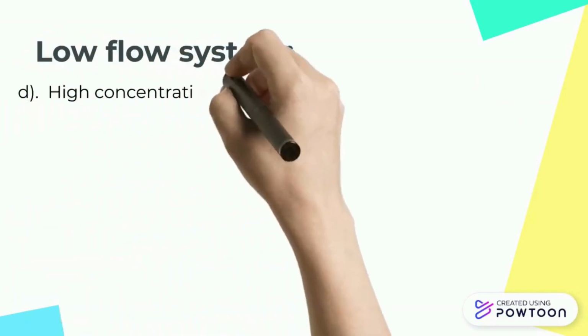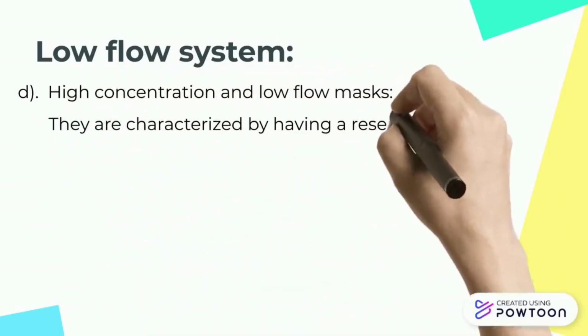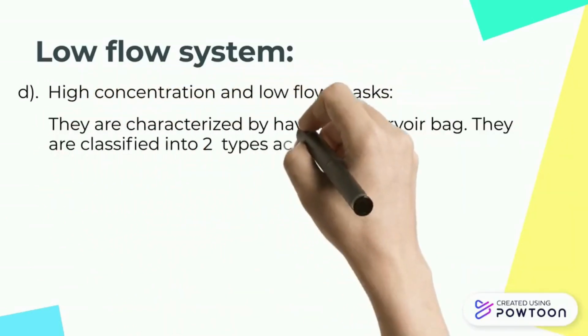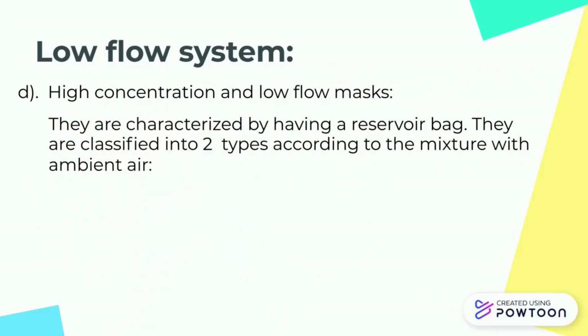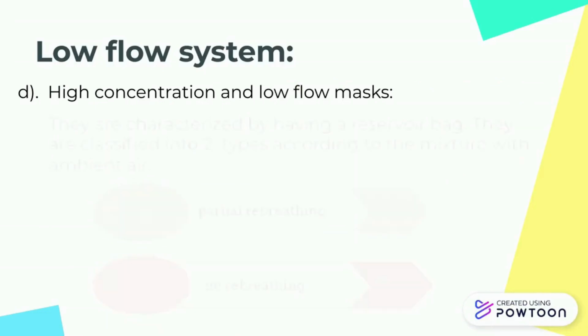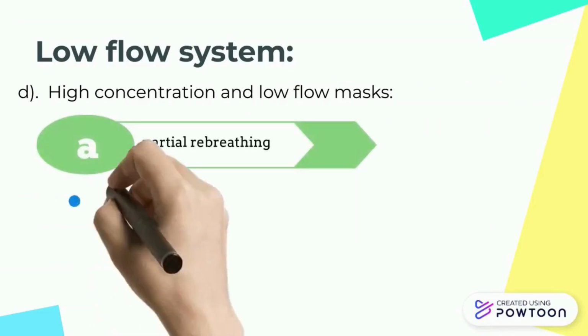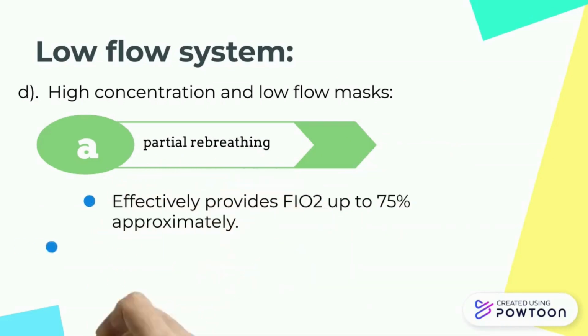Reservoir mask. They are characterized by having a reservoir bag. They are classified into two types according to the mixture: ambient air, partial reinhalation or non-reinhalation. 1. Partial reinhalation effectively provides FiO2 up to 75% approximately, always at 10 liters per minute.